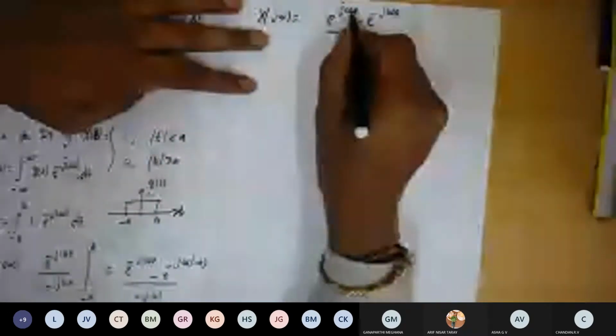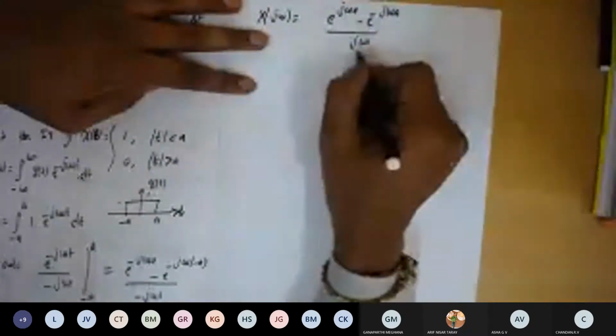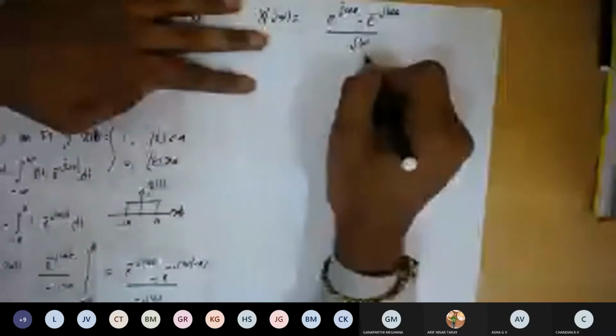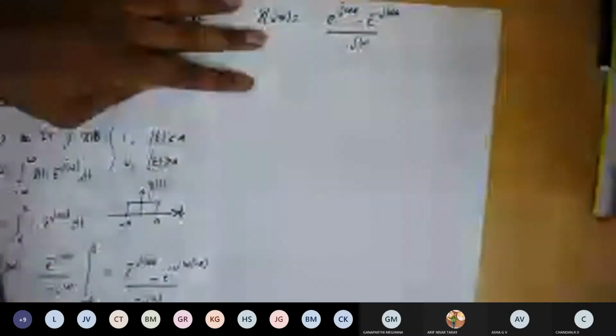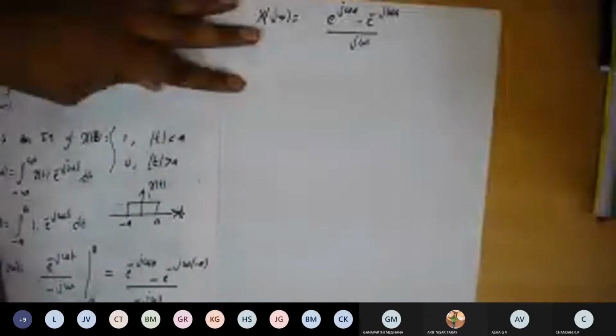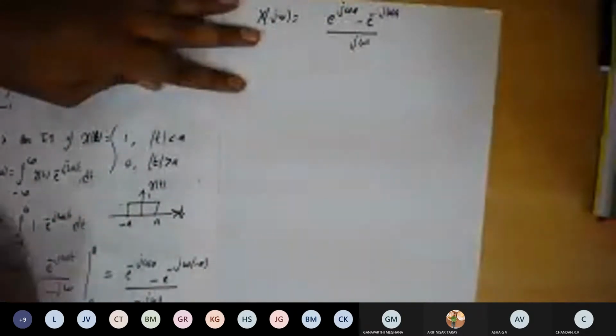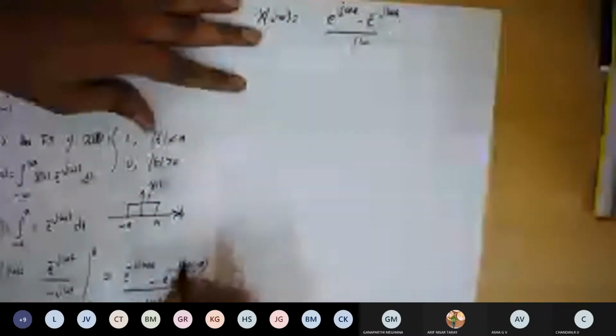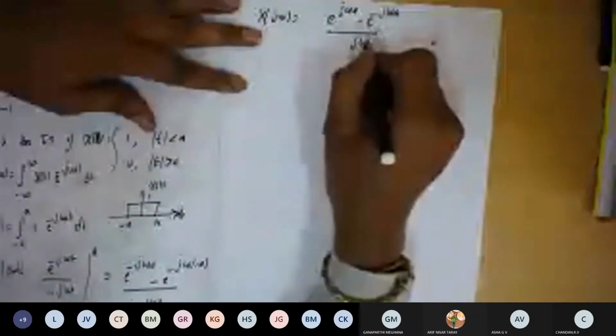This is similar to e to the power of j theta minus e to the power of minus j theta, divided by j. Omega is nothing but 2 pi f here, so we can take omega as 2 pi f also. Let us see what we get here.